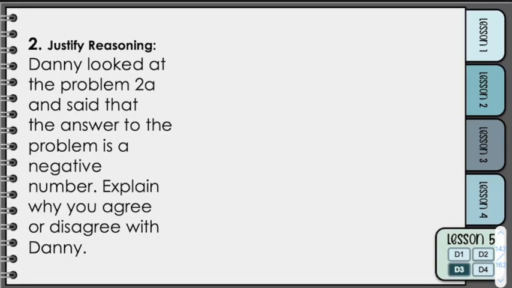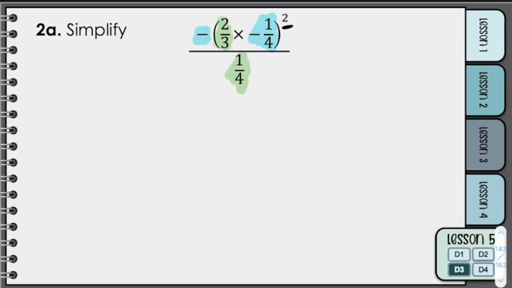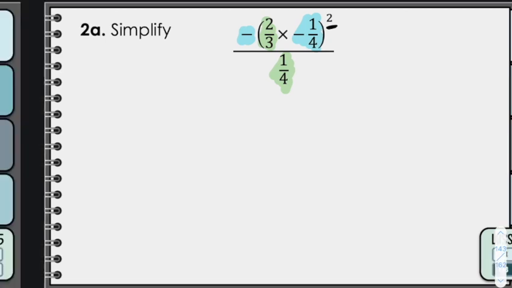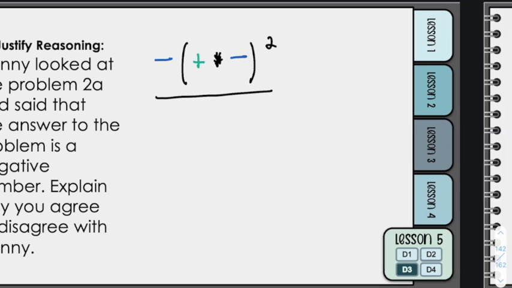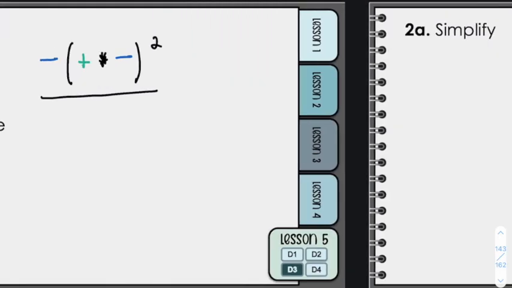We have the negative value. In parentheses, we have a positive times the negative. And that, I believe, was all squared. That is over a positive number.